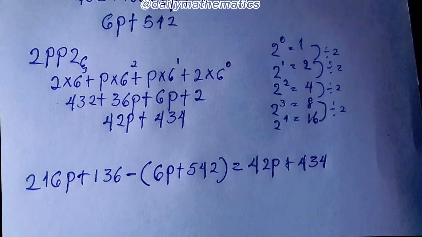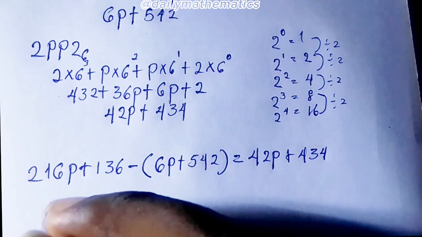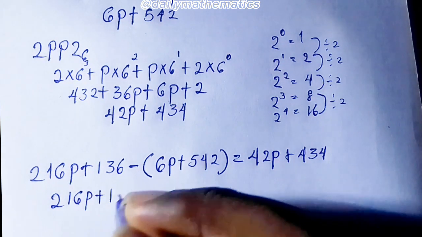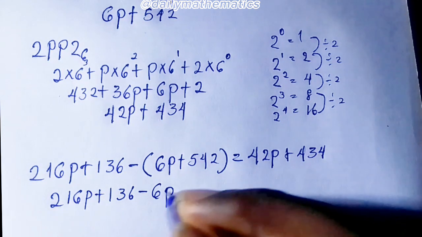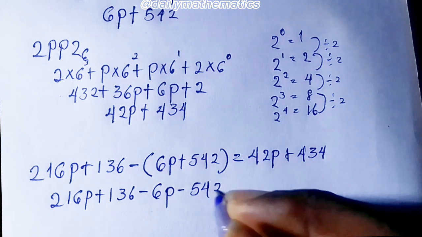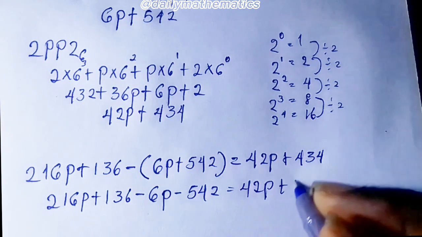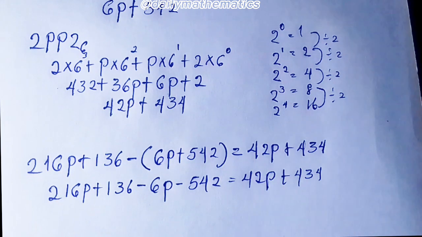So what's the thing that I have to do from here? So from here we have 216p plus 136, minus, open the bracket, 6p plus 542, equals 42p plus 434. Right? So from here, what's the next thing? Let's collect like terms.